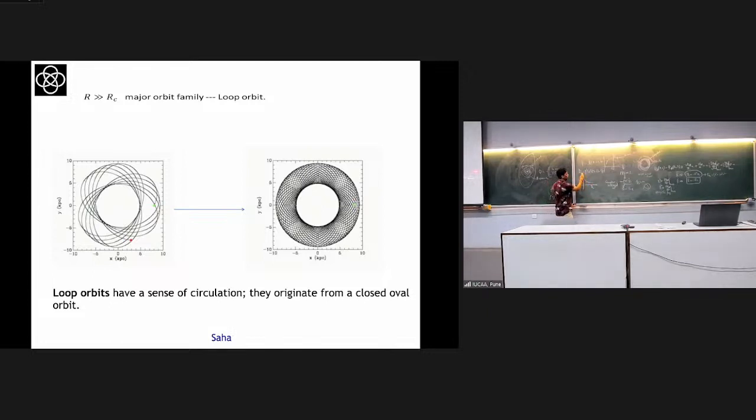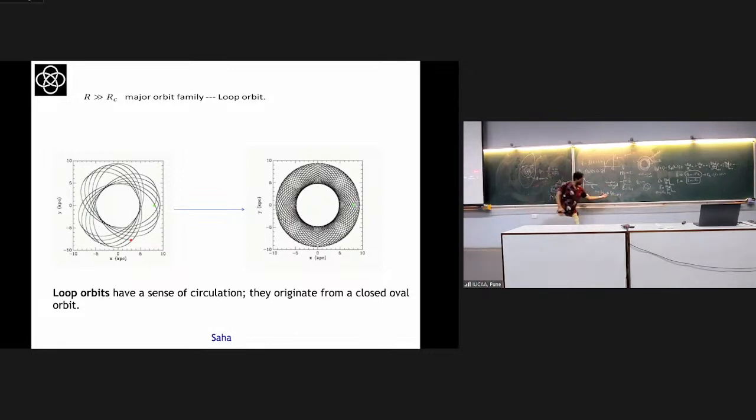But we don't want that at the center. We want something nice. This is not desirable. So what we can do is, with rho proportional to 1 over r square, think about rho naught divided by rc square plus r square.